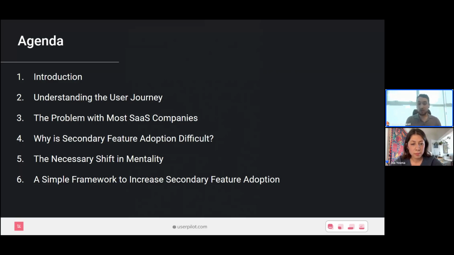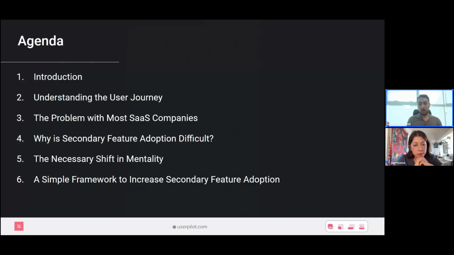And that obviously leads to a lot of problems because yes, activated users are getting value, but when they're not becoming power users, then you're really just hurting your churn and your expansion revenue. And then we're going to talk about what is the framework really that we need to set to change that, and the necessary shift in mentality.